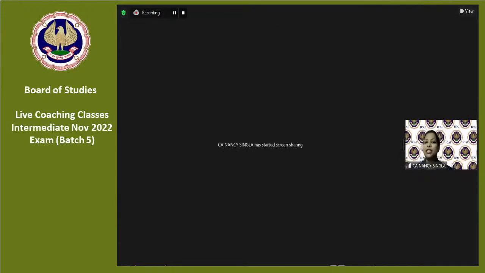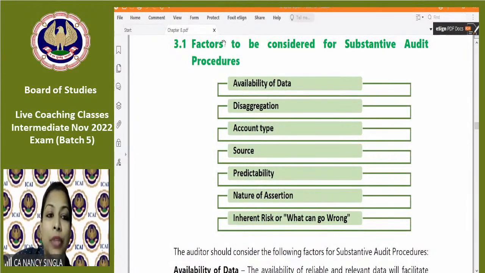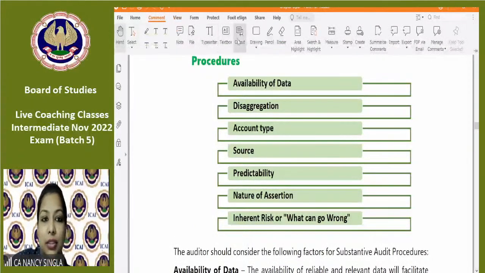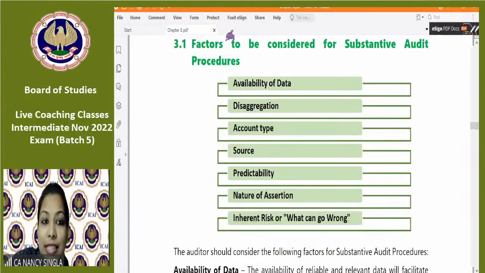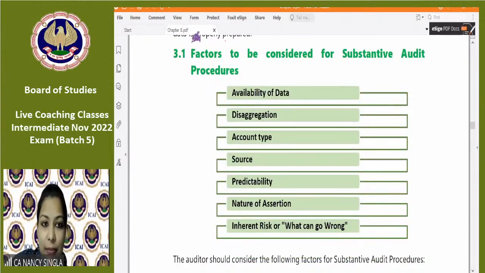Now, in order to analyze whether to perform test of details or substantive procedures, first of all, the auditor will consider various factors. See, let's say, for example, the auditor wants to apply one of the analytical procedures of comparing the client data with the industry data.